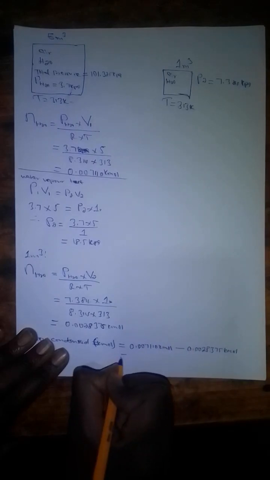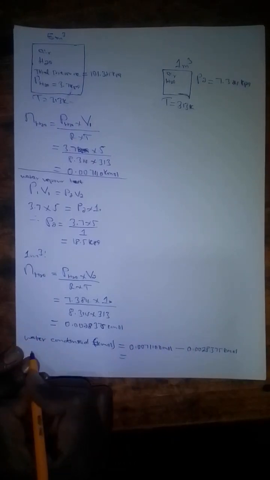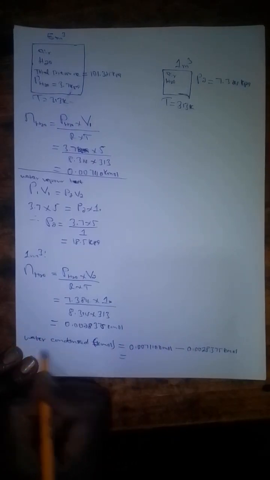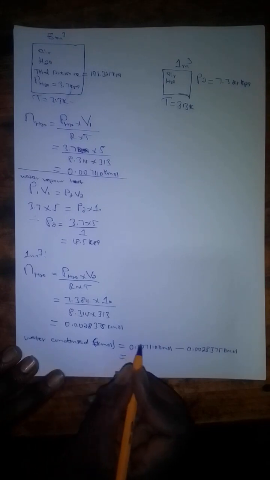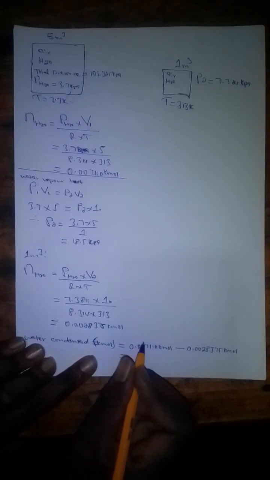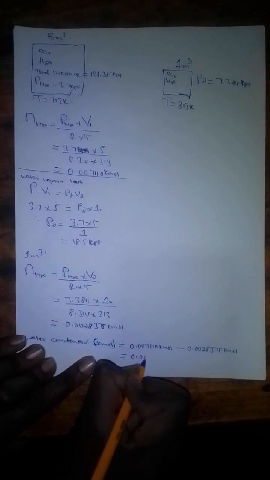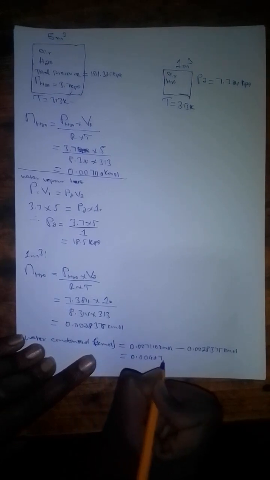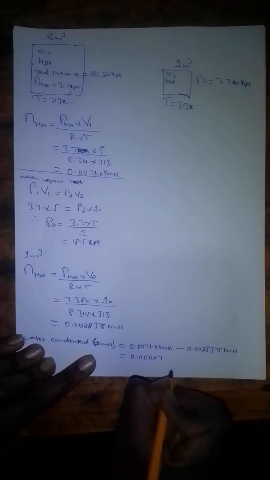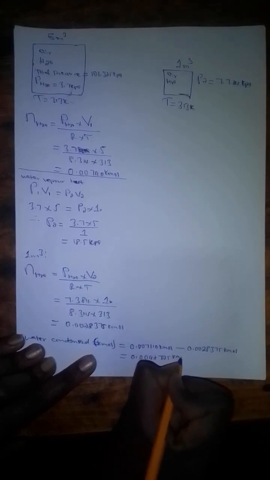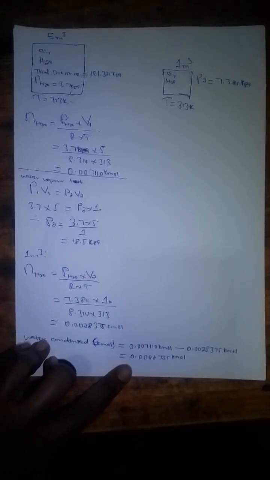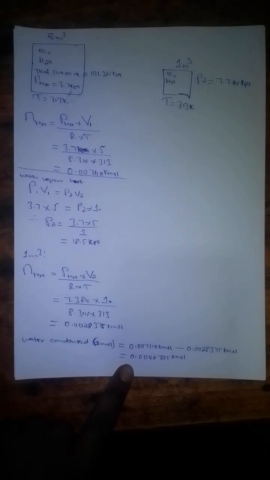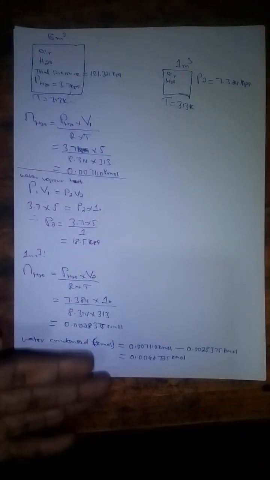And if you use your calculator, then the water that was condensed in kilomole is equal to 0.0042725 kilomole. So now this is the amount of water that actually condensed, but it's in kilomole.